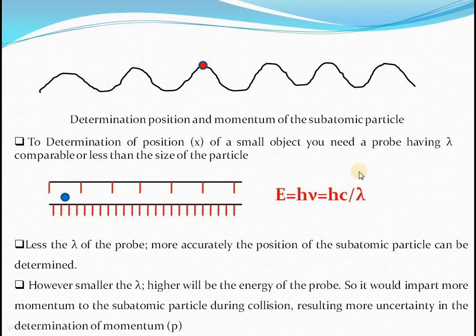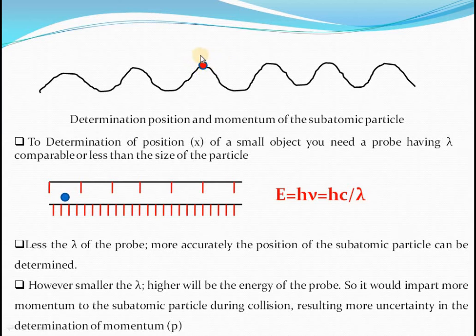So the higher the energy of this probe, or the lower its wavelength, the higher will be the uncertainty in determining its momentum. So if we want to see the position of this subatomic particle very precisely using an electromagnetic probe having very low wavelength, then we end up with a momentum value whose uncertainty is very high.